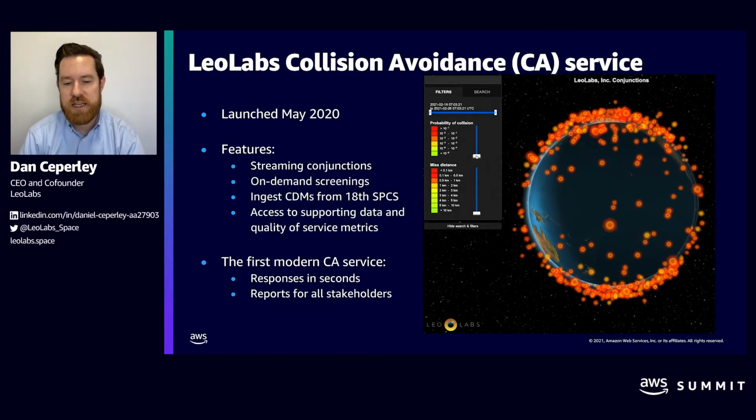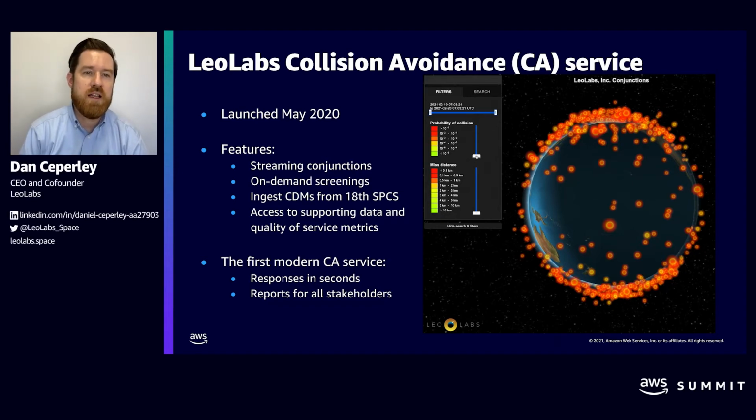So the service that we have here has a number of features to it. Every time we get an update on a satellite or a piece of debris, we're able to send out a new conjunction data message, let our customers know how the conjunction is shaping up and whether they need to move their satellites. We also have the ability to take the maneuver plans for the satellite and check those.